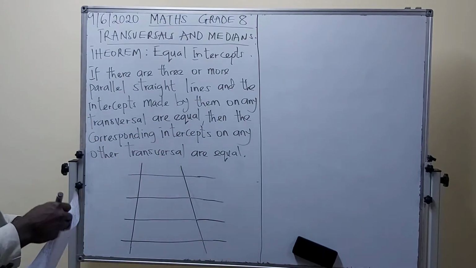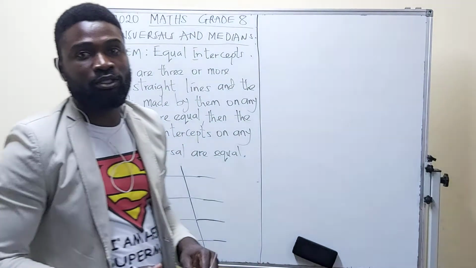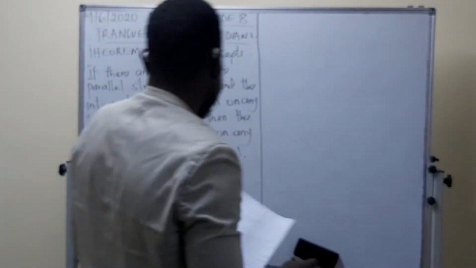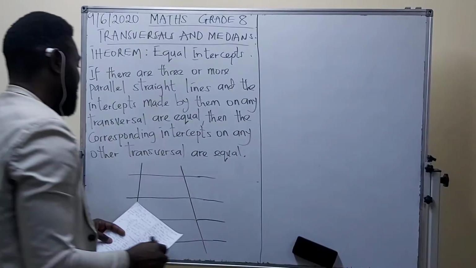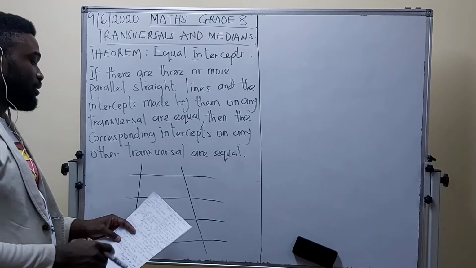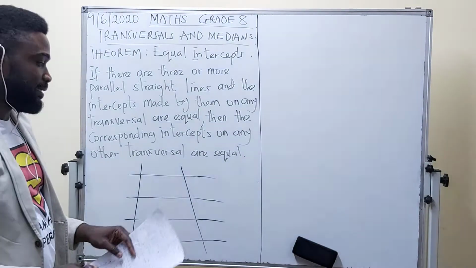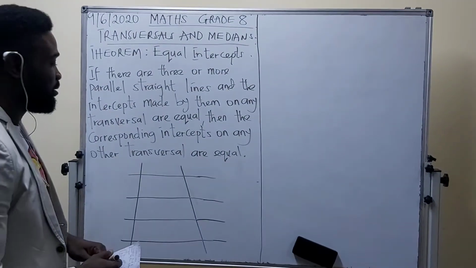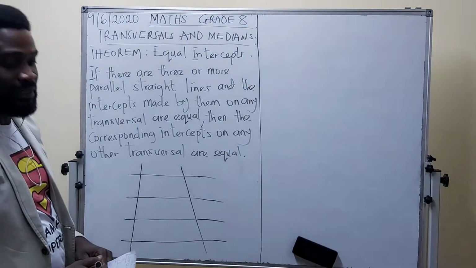In previous classes, I want to believe I told you that transversals are lines that intersect parallel lines at different points.